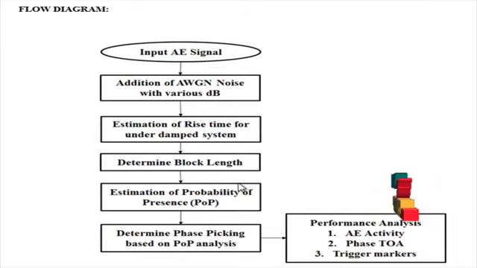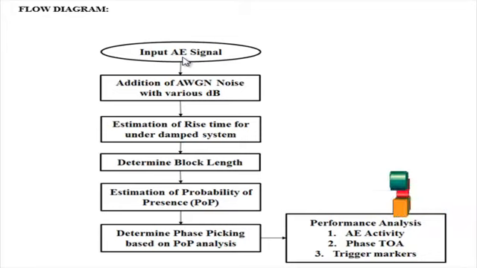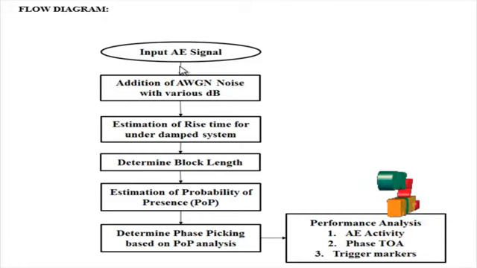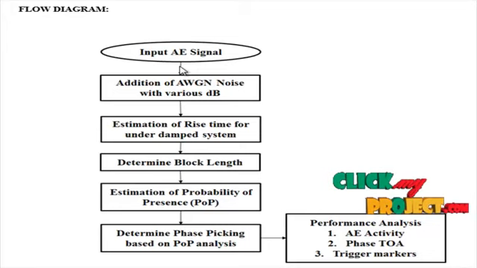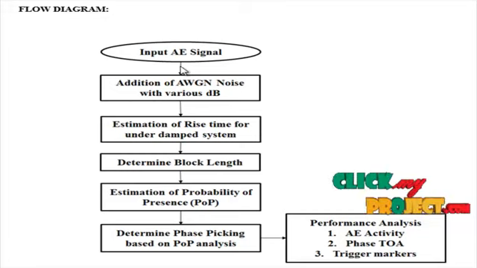Let me discuss the flow diagram for our process. Initially, the input AE signals are generated. Acoustic signals are noises that animals produce in response to a specific stimulus or situation that have a specific meaning. Several features combine to create a meaningful auditory signal. The first of these is the frequency or pitch of a sound.